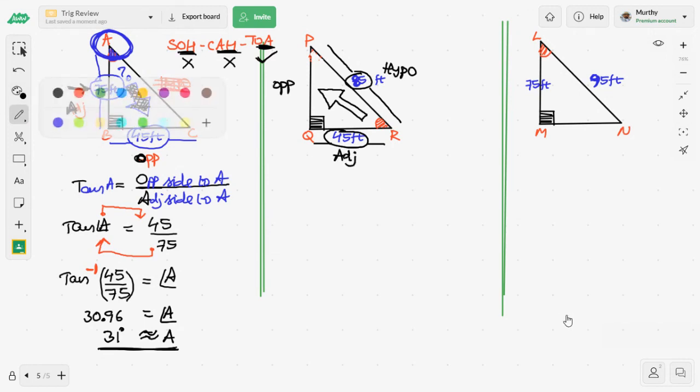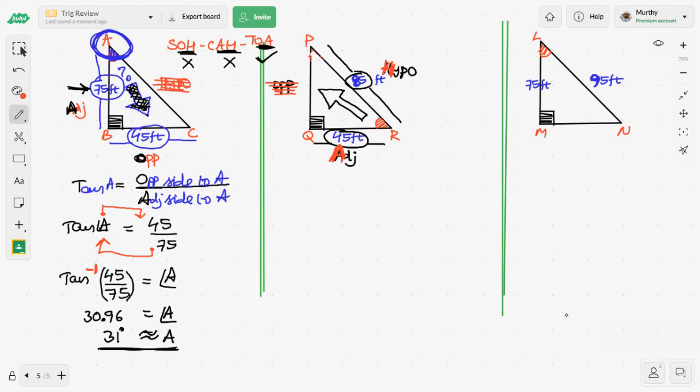To avoid the confusion, let me knock out what is not required. Opposite, there is nothing to do here because we have to deal with the other two sides. So it is adjacent and hypotenuse.